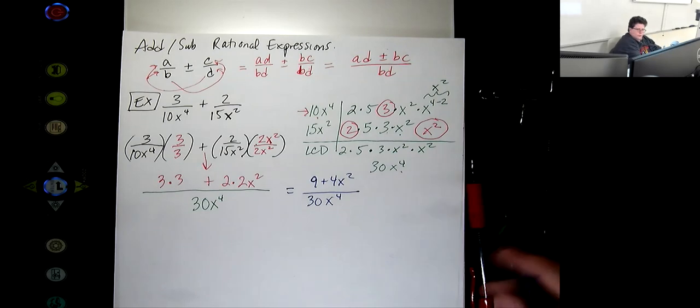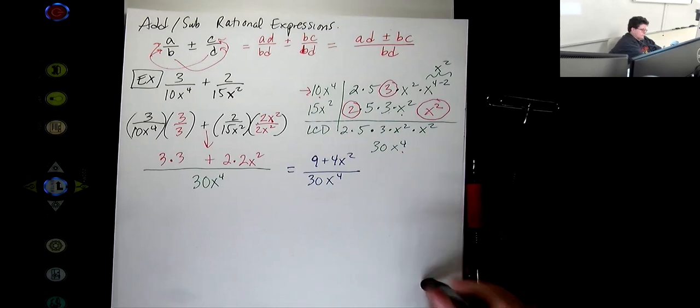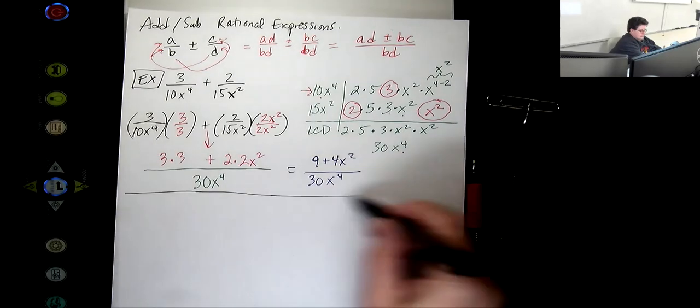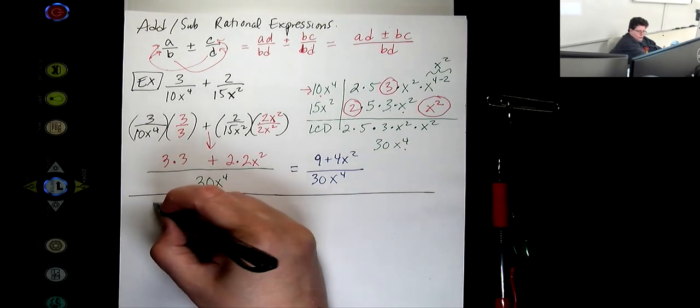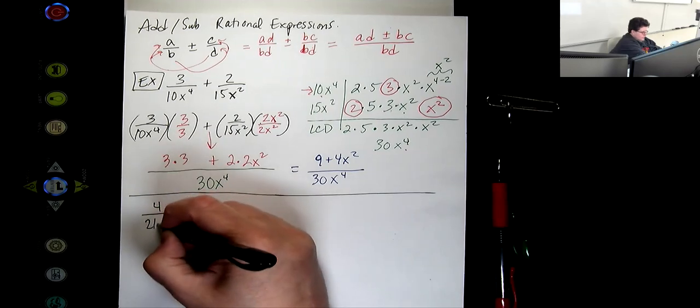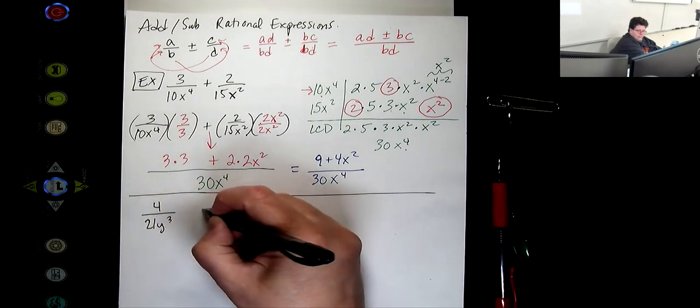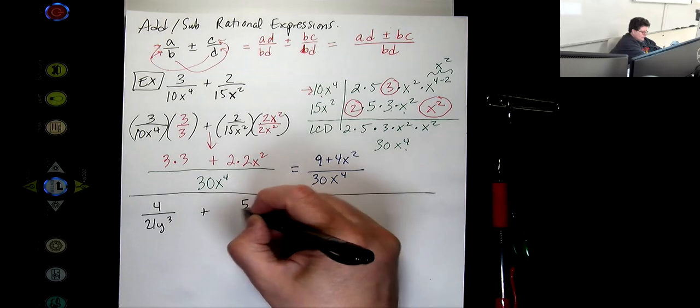Why don't I give you guys one to try? Four over 21y cubed plus 5 over 28y to the 5th.